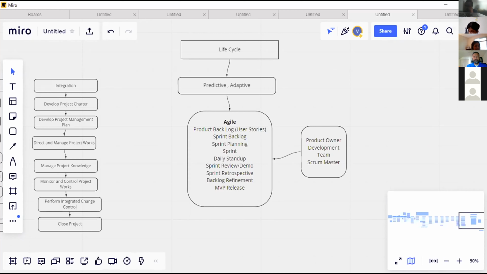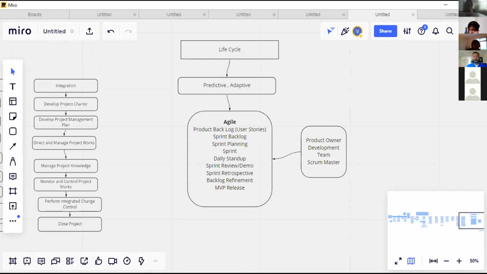Then if the minimum viable product is acceptable, it will be released. Then after that, the team will do the sprint retrospective. There they will evaluate what they have done and what they could have done. If any improvements are required, they will adopt accordingly. Thank you, Vinay.